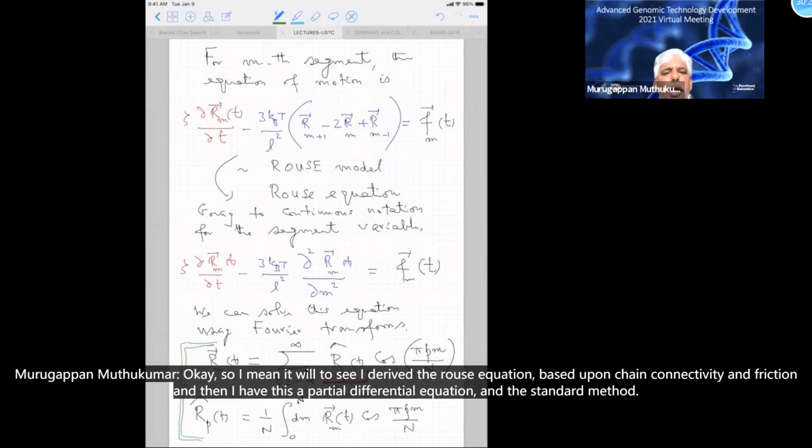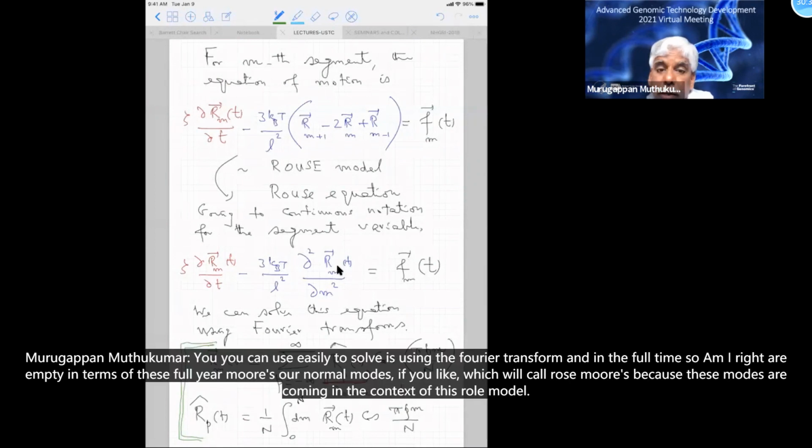Okay, so I'm able to say I derived the Rouse equation based upon chain connectivity and friction. And then I have this partial differential equation, and the standard method you can use easily to solve it is the Fourier transform. In the Fourier transform, I write R_m(t) in terms of these Fourier modes or normal modes, if you like, which we'll call Rouse modes because these modes are coming in the context of this Rouse model.